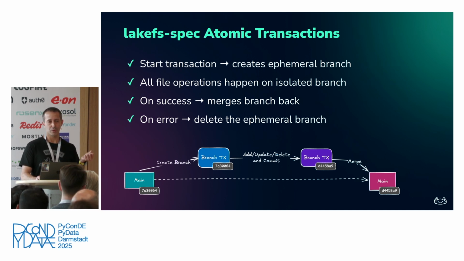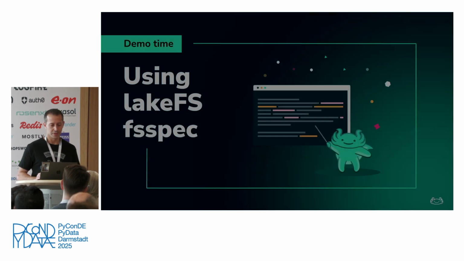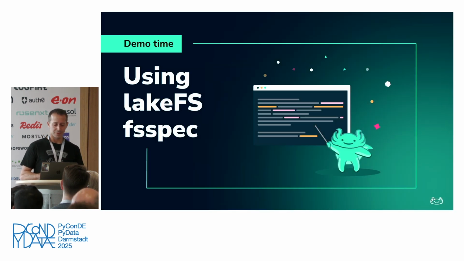When the block is completed, it will commit the data to the temporary branch and merge it back to the main branch. That means that it will look like an atomic operation from the main branch's view. The main branch will be on commit A, switching to commit B. That means that the two files will appear at once. It's clean and safe. So let's see it live.